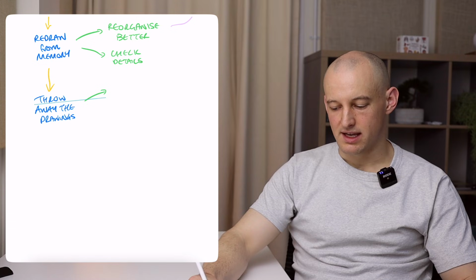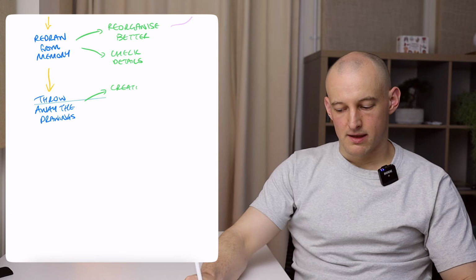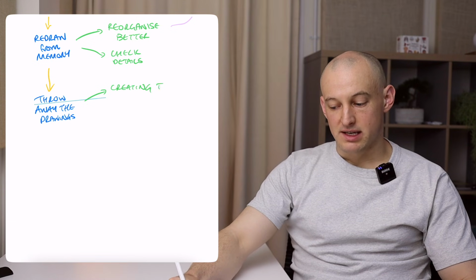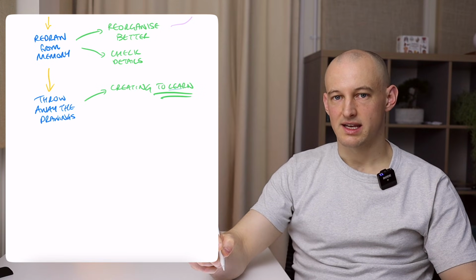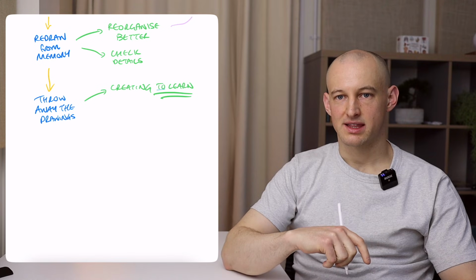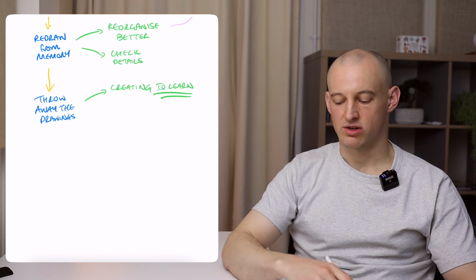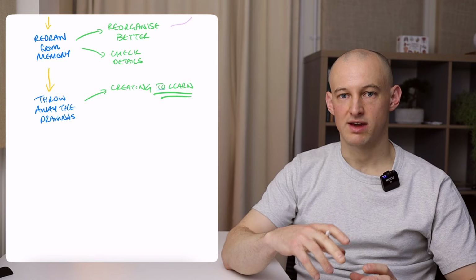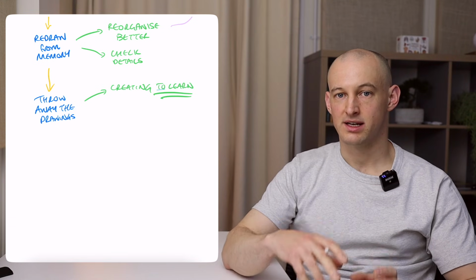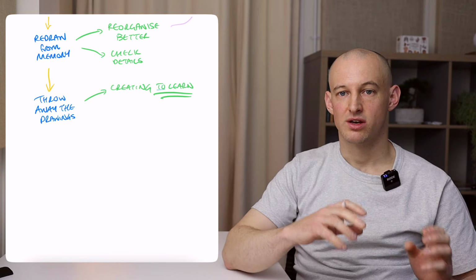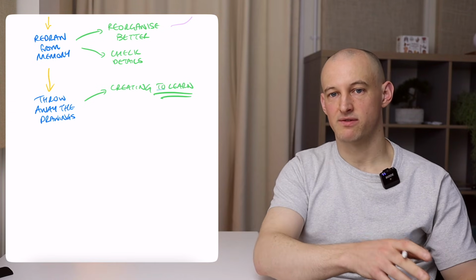You're creating these mind maps to learn. You're not creating them as a future reference. This is not a set of notes you're creating. This is creating in order to learn. So you're actually learning from the creating process, not creating something for the future.